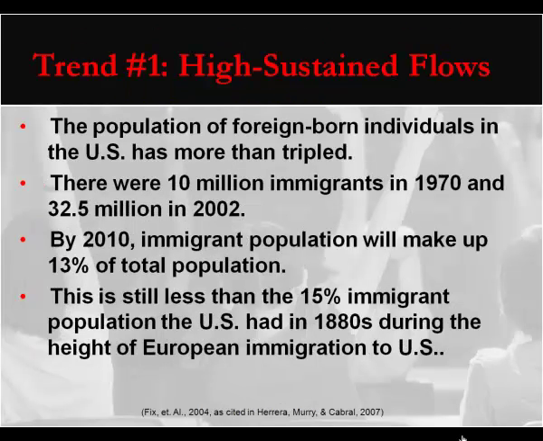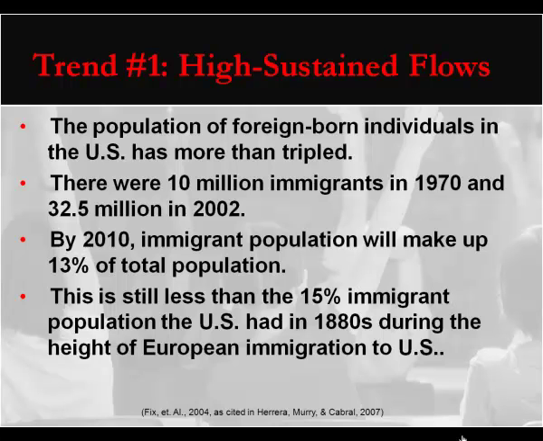Trend number 1, high sustained flows. The population of foreign-born individuals in the U.S. has more than tripled. There were 10 million immigrants in 1970 and 32.5 million in 2002.